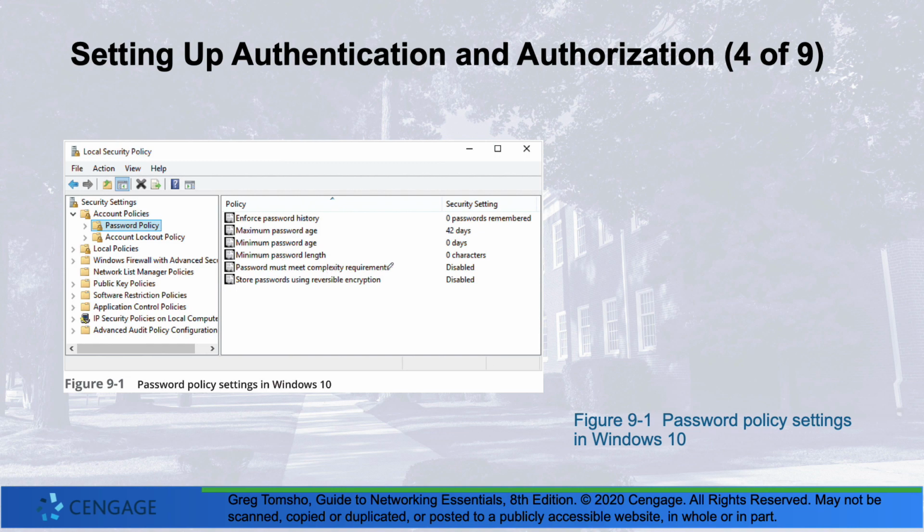That forces them to use non-alphabetic characters in their password. That helps with things called dictionary attacks. Store passwords using reversible encryption. People say, why in the world would you want to turn that on? Sometimes you have older applications that are written in-house just for your company.